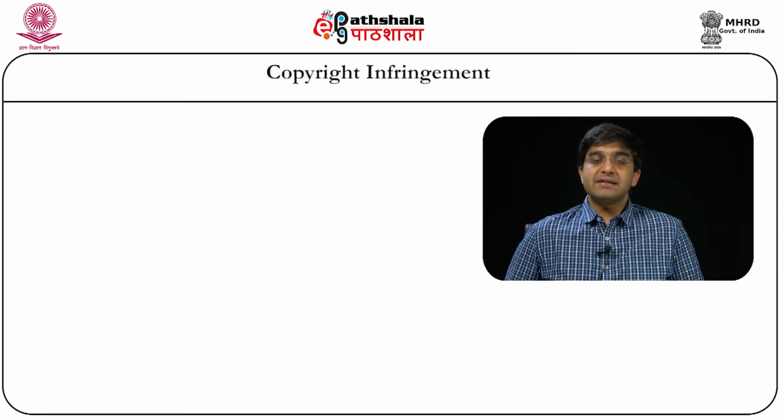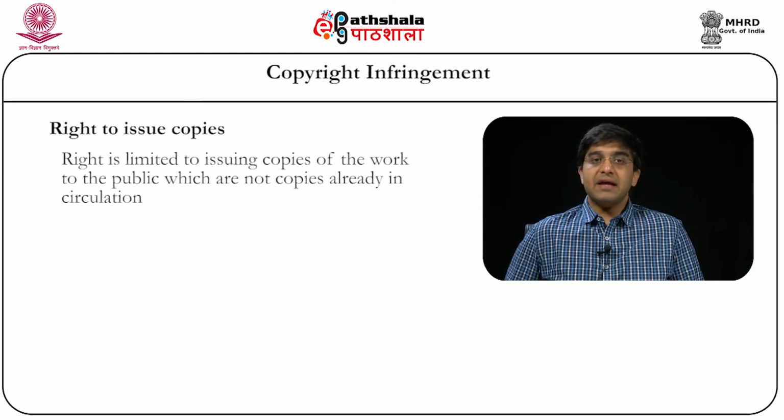The next set of rights is the right to issue copies. The right under the Copyright Act is a right to issue copies of the work to the public which are copies not already in circulation.